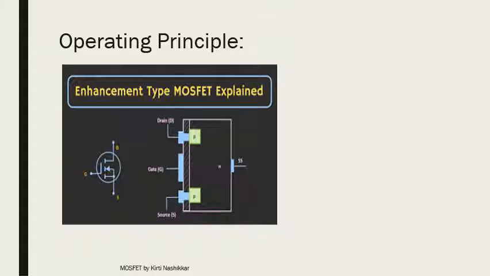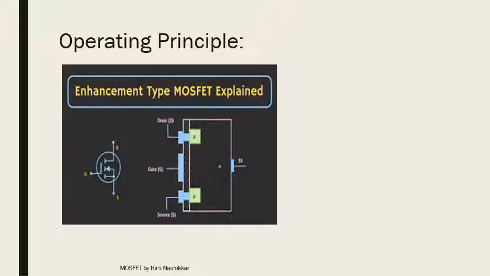The link is given in the description box. Please check that video and your concept of the depletion MOSFET will be cleared. Now we are discussing the enhancement type MOSFET, so we have to give VGS, the gate to source voltage, positive. Only then will your MOSFET work as the enhancement type MOSFET.